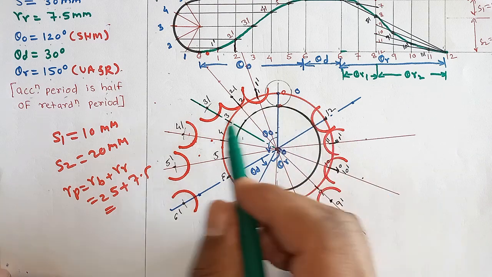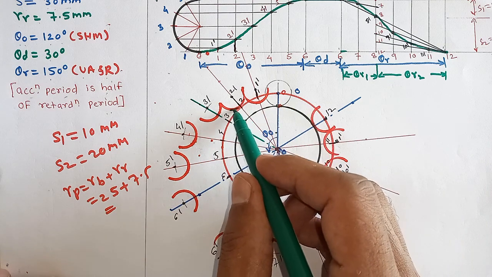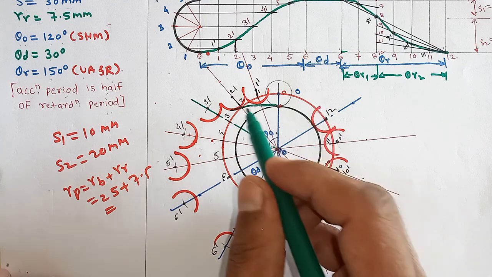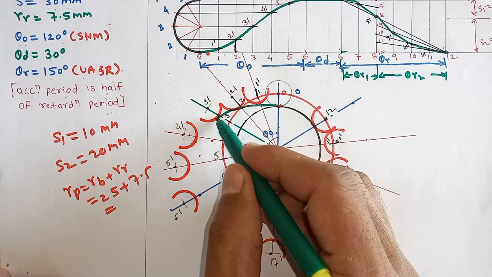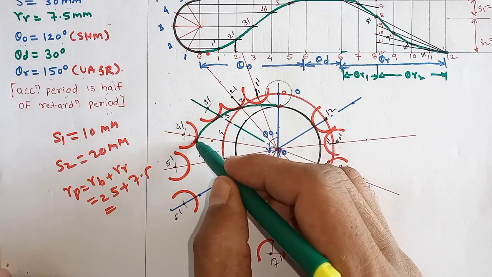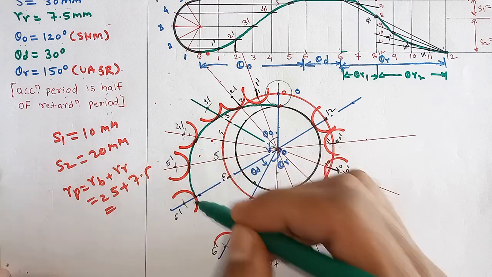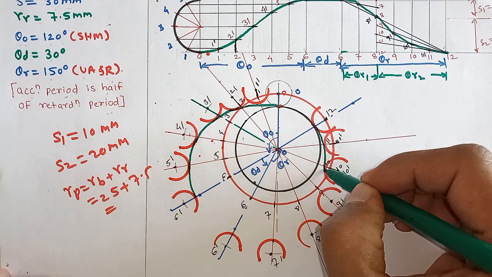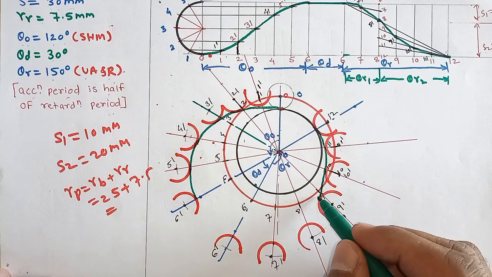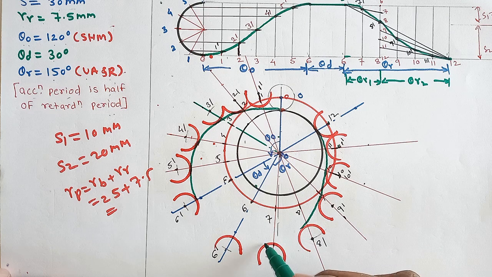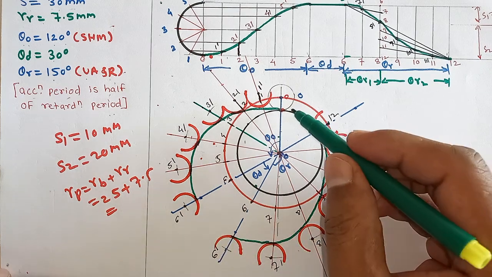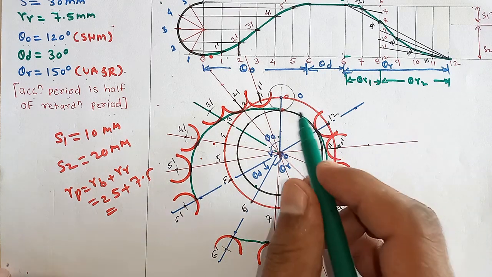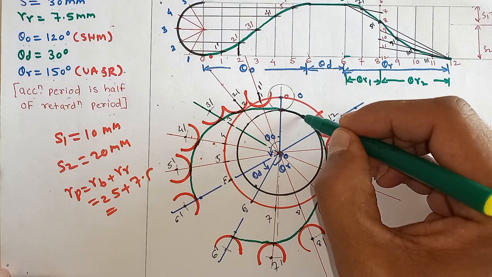We start from this point, and during the dwell period the profile will be a perfect circular arc.